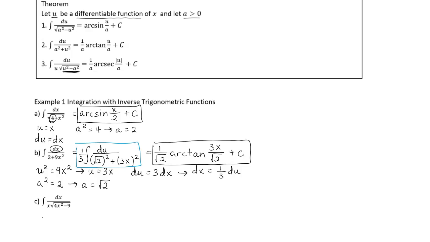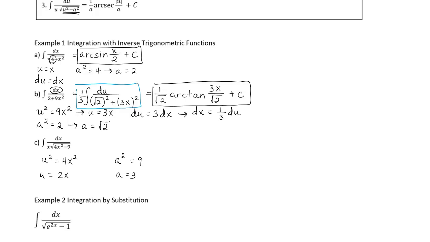So I can see that u squared is 4x squared, and that a squared is 9. So that tells us that u is 2x, and that a is 3. If u is 2x, that means that du is 2dx from differentiating that, and then we'll solve for dx, because we don't have just a 2 in the integral, to see that 1/2 du is equal to dx.